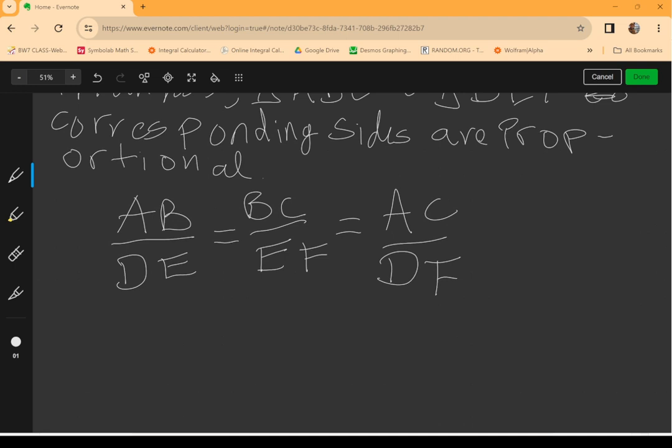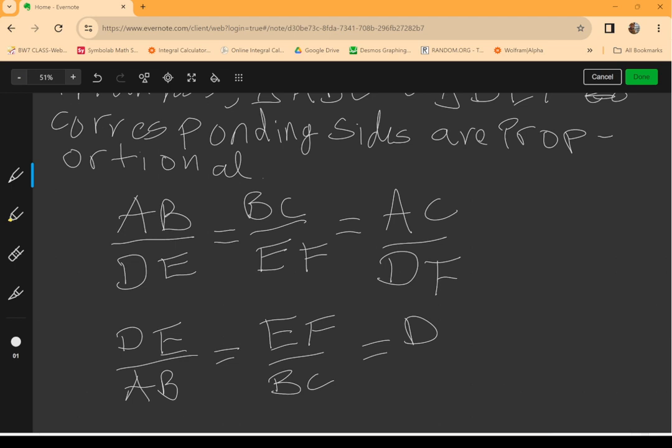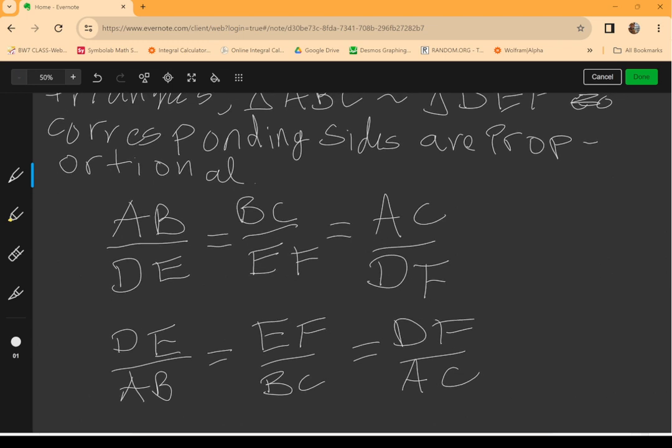In general, any proportion, if you take the reciprocal, is also true: DE over AB equals EF over BC equals DF over AC. And that is what similar triangles are.